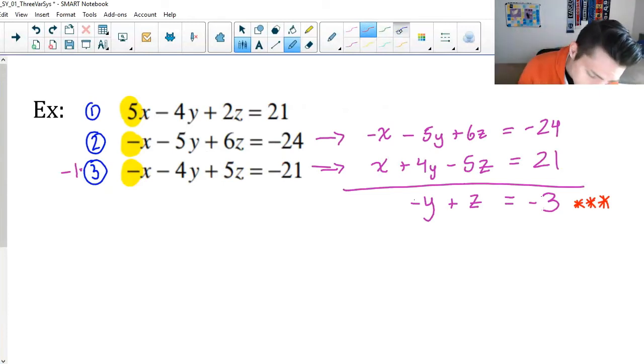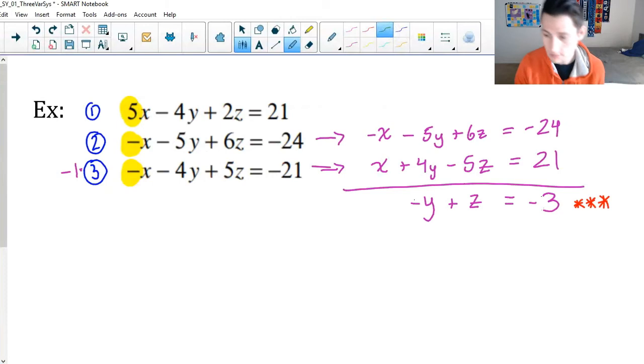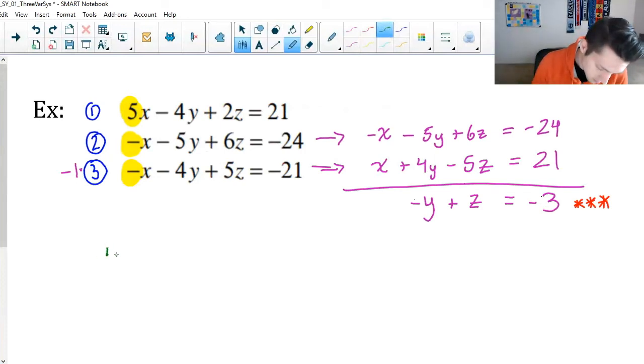Because now I need to go back to my other equation and I need to eliminate x in two different ones. So we already did 2 and 3 and got rid of x. So now I can either choose 1 and 2 or 1 and 3. I'll go ahead and just choose 1 and 3, I guess. So equation 1, equation 3. I'm just going to first copy those down.